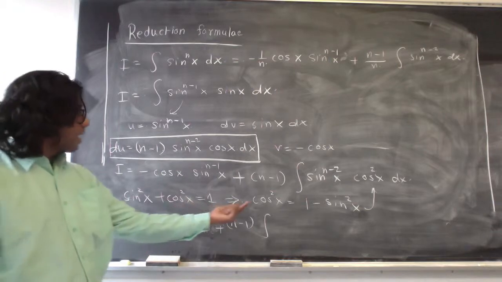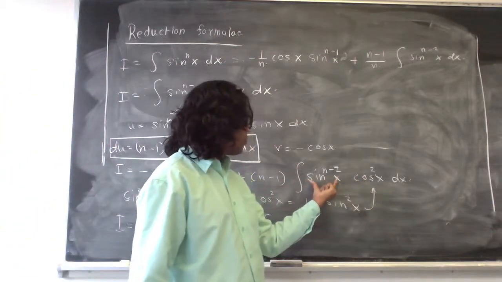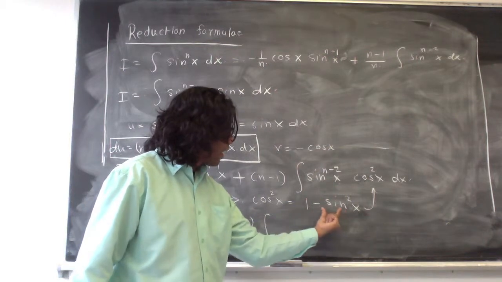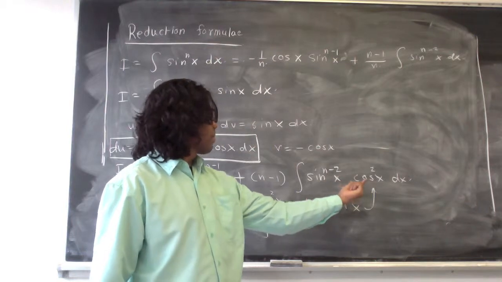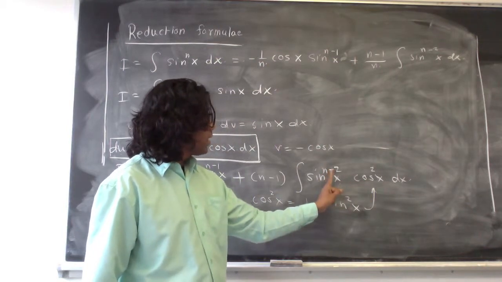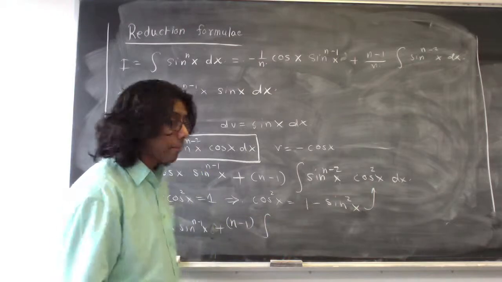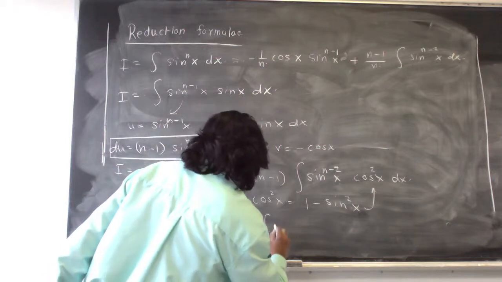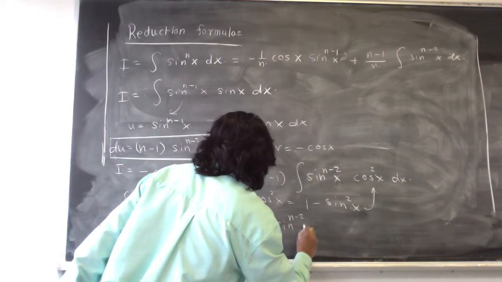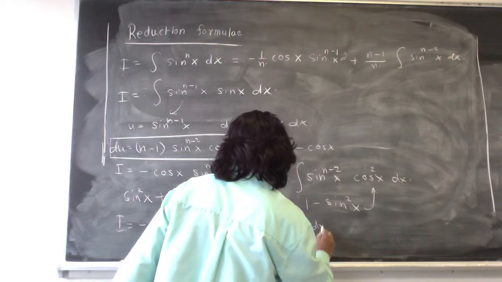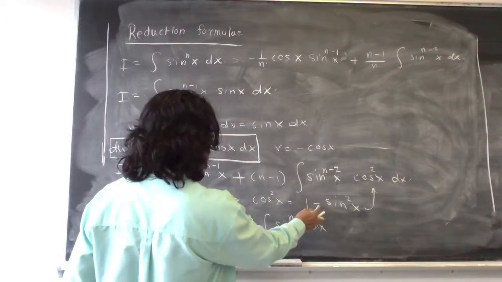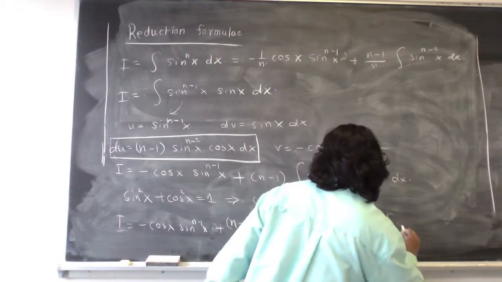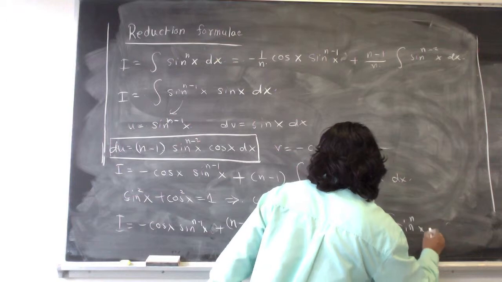Now think about it, if you multiply sine to the power n minus 2 with this, you get sine to the power n minus 2 of x minus sine to the power n minus 2 plus 2, which is sine to the power n, right? So the first term is just sine to the power n minus 2 of x dx, and the second term would be negative, so it is minus n minus 1 times the integral of sine to the power n of x dx.